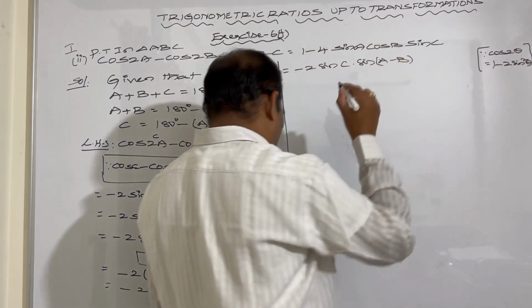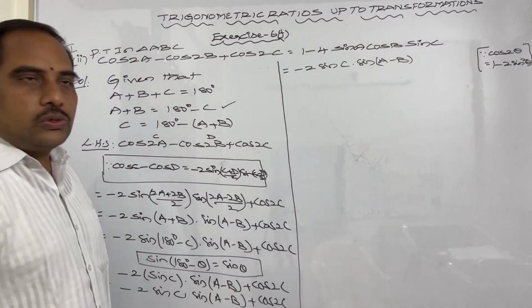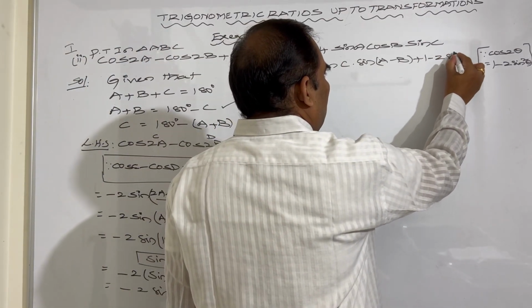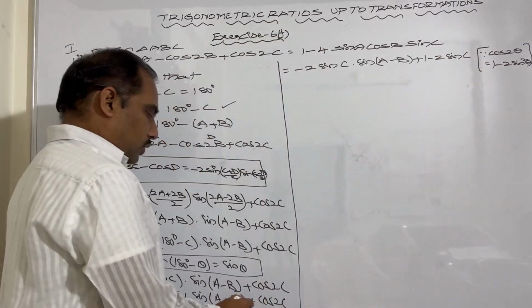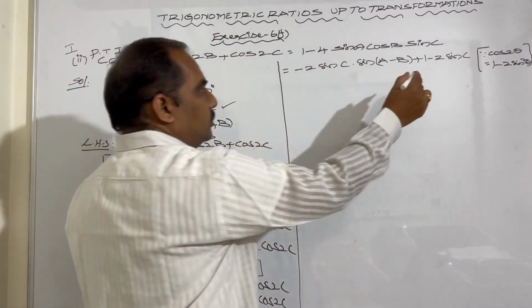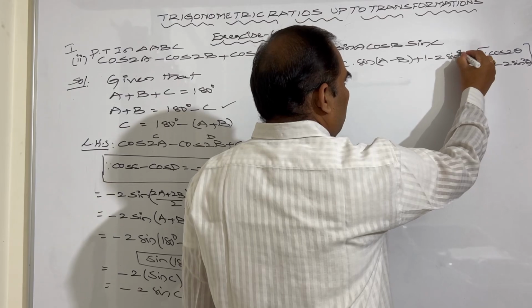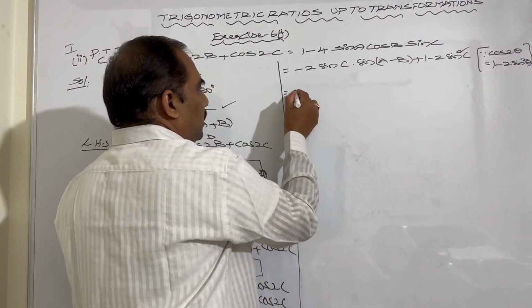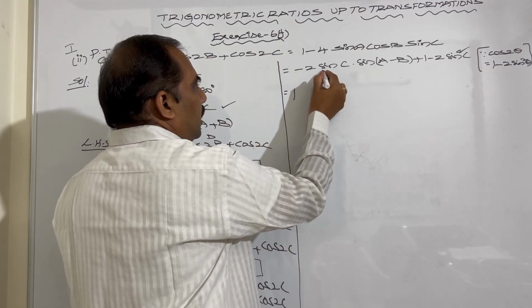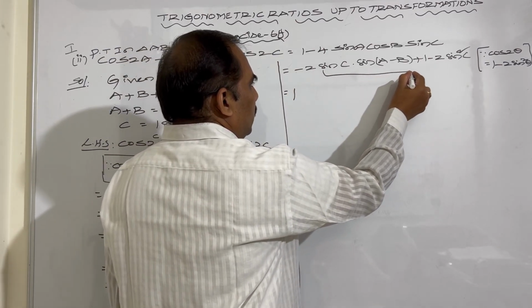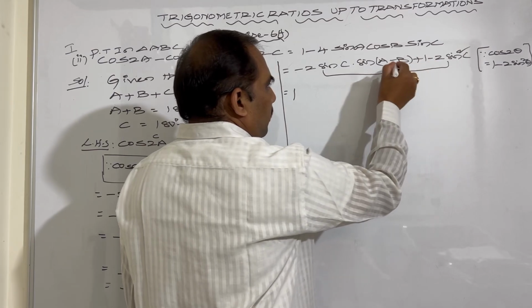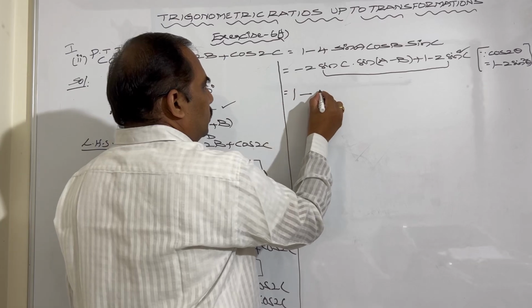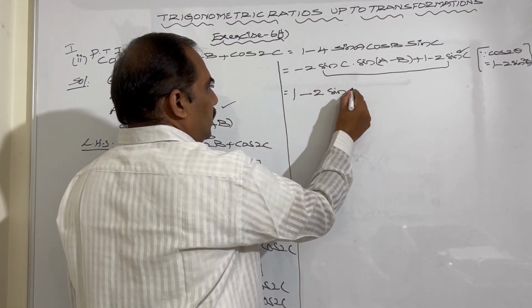So cos 2C is replaced by 1 minus 2 sin square C. Now the constant 1 is written at the beginning, and from minus 2 sin C into sin of (A minus B) and minus 2 sin square C, you can take minus 2 sin C common.